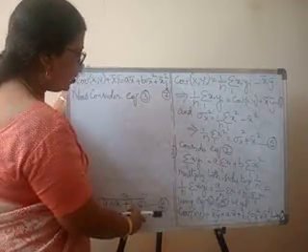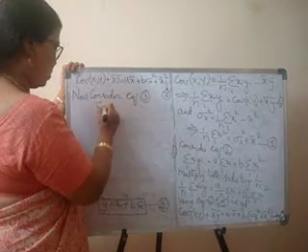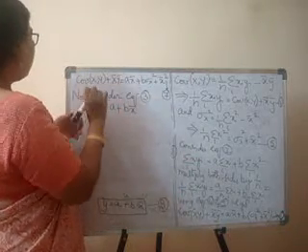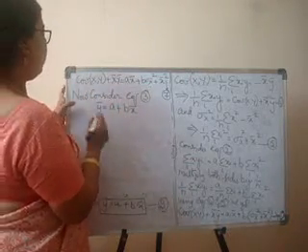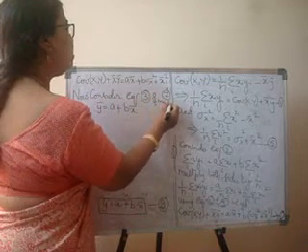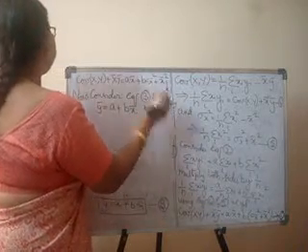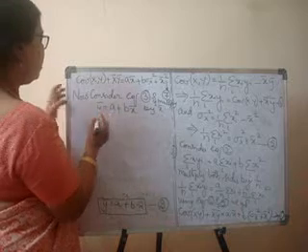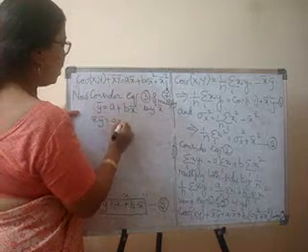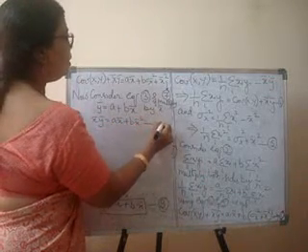Now we are taking equation number 3: y bar equals a plus b x bar. Now multiply equation 3 by x bar. So what are we going to get? x bar y bar is equal to a x bar plus b x bar square. This we call equation 8.